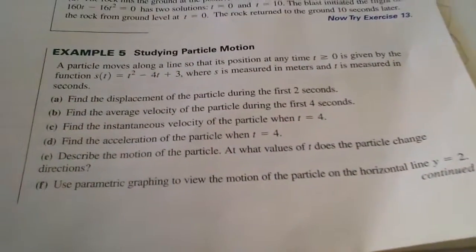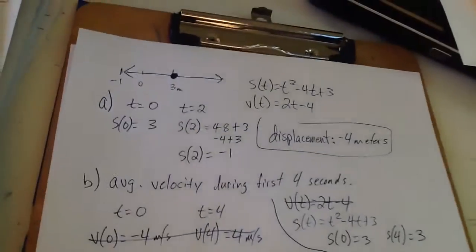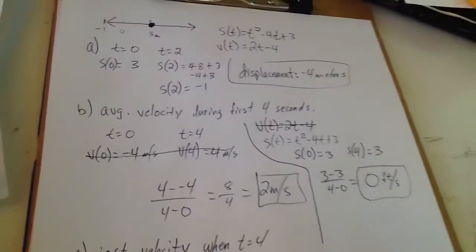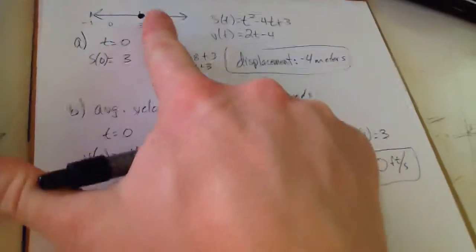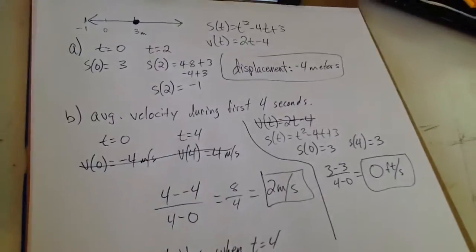Describe the motion of the particle. At what values of t does it change direction? This is a long answer. Let's see. Describe the motion. So we know it started off moving to the left because from 0 to 2 seconds we got it moving over here.